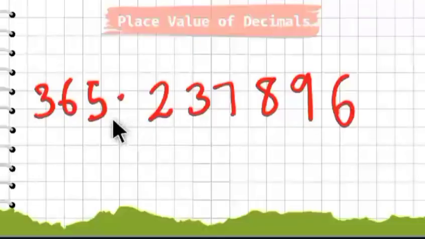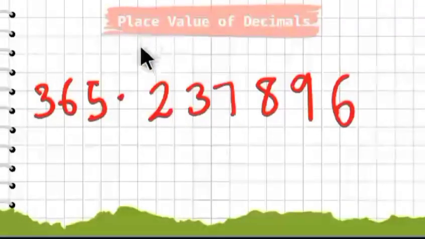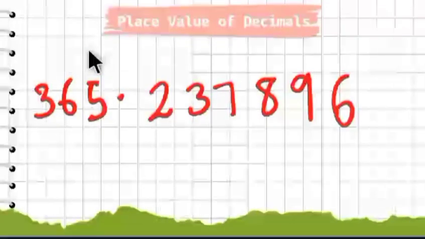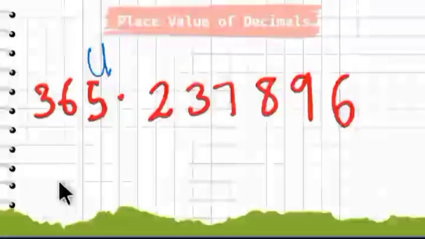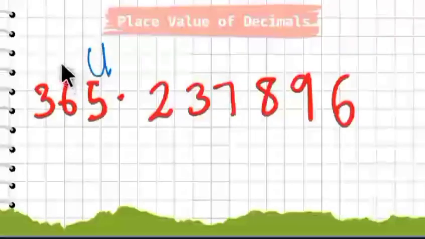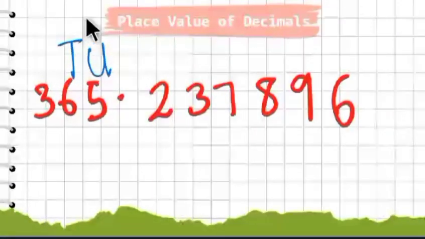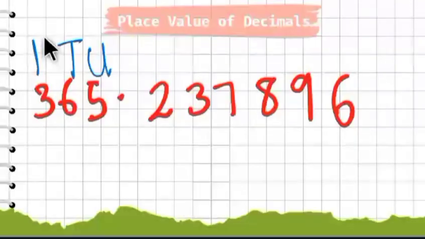Now, let's start with the whole number. For our whole number, the value of this 5 is units. The value of the 6 is tenths. The value of 3 is hundredth.